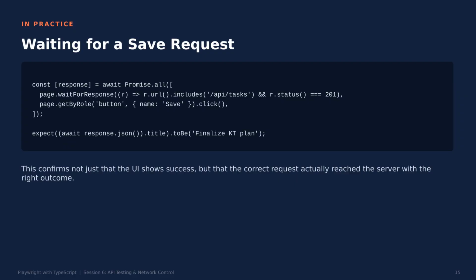Then expect the response's JSON title to be finalize KT plan. What this actually confirms is genuinely more than what the UI alone can tell you. It's not just that the UI shows a success message, it's that the correct request actually reached the server and the server actually responded with the outcome we expected.